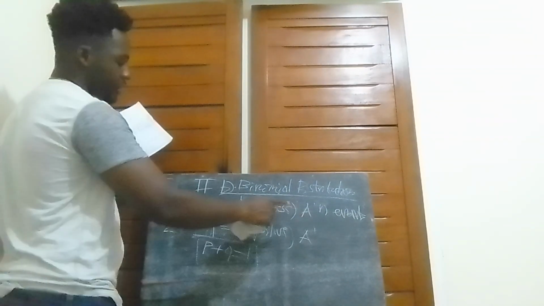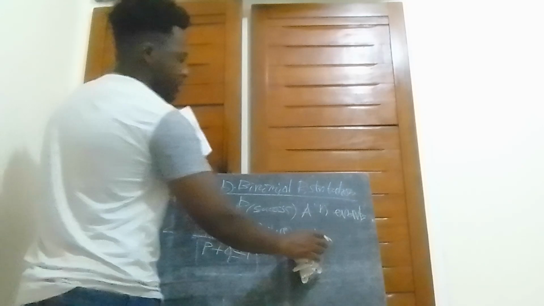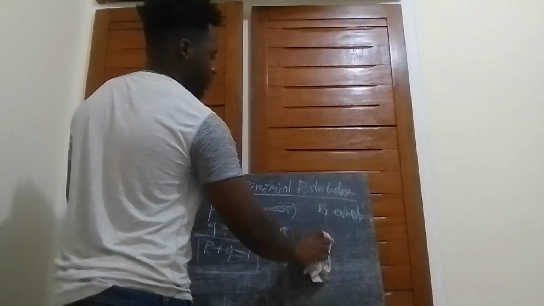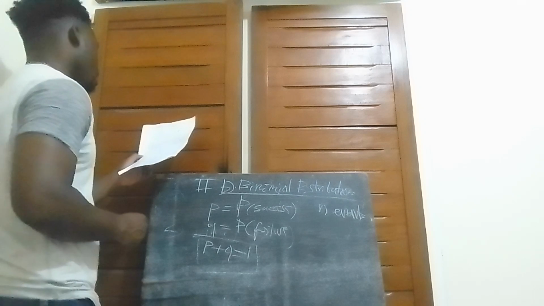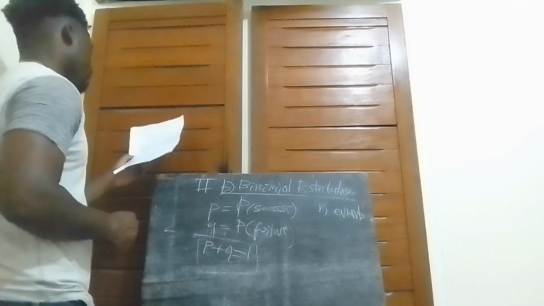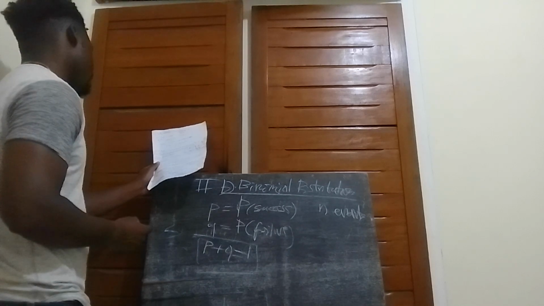Okay, so P is success, Q is failure, and it's going to be defined as such. And n is the number of events. Then here's the question you want to ask.